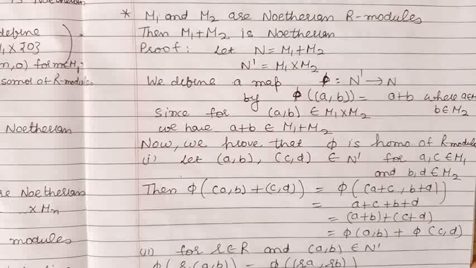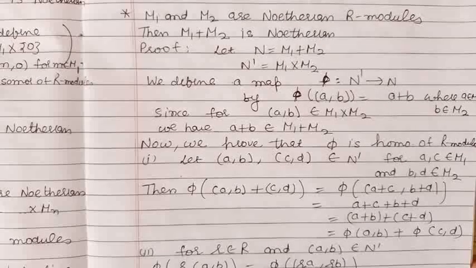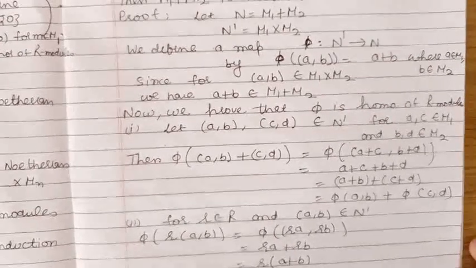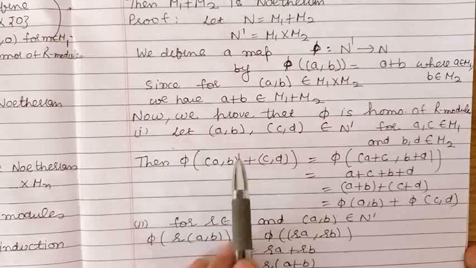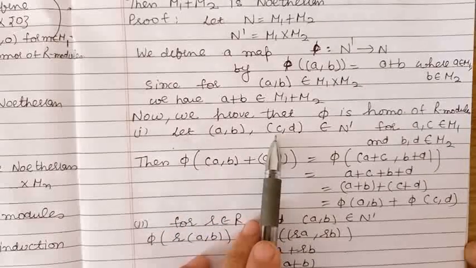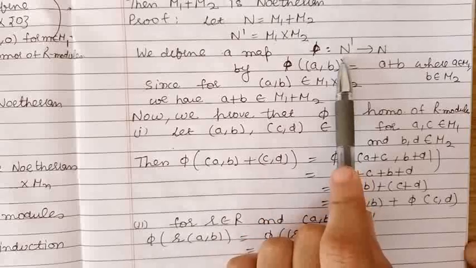Now let us prove that this mapping phi is an onto homomorphism of R modules. So first of all we prove that phi is a homomorphism of R modules. To prove homomorphism, first condition, let us take two ordered pairs belonging to the module N dash.